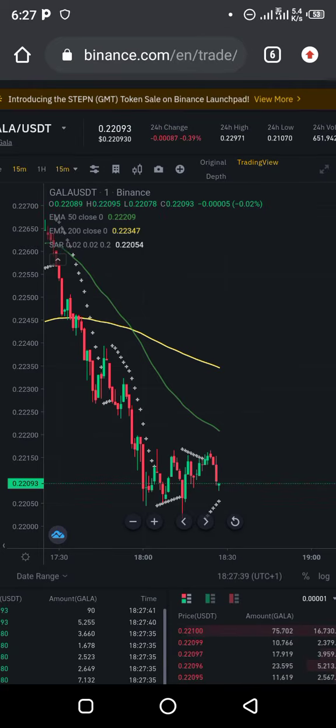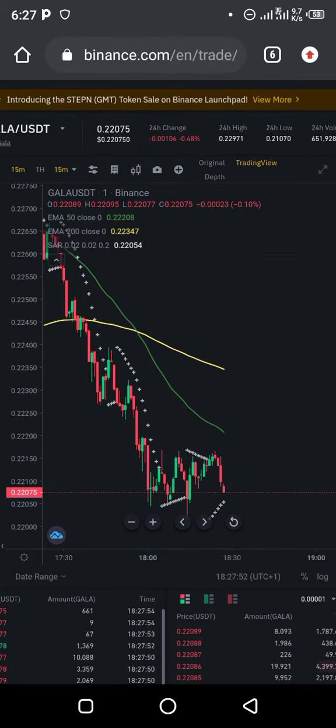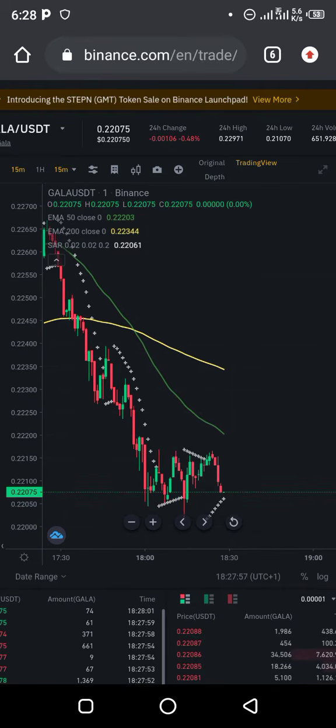Once the EMA 50 crosses down, cutting across the EMA 200 and pointing downwards, as you can see here where it touches it, that is called a dead cross. In other words, the market is down. That is a clear indication that the market is down.